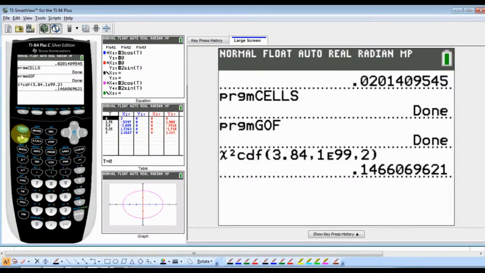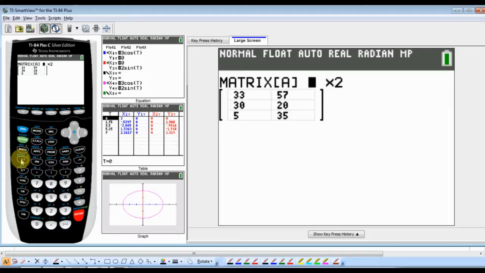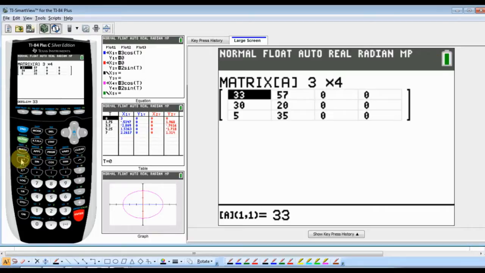So to take you through the steps, the first thing, go on to the matrix. We're going to edit matrix A, and matrix A is 3 rows, 4 columns. Second, and then x to the -1. Then go to Edit.